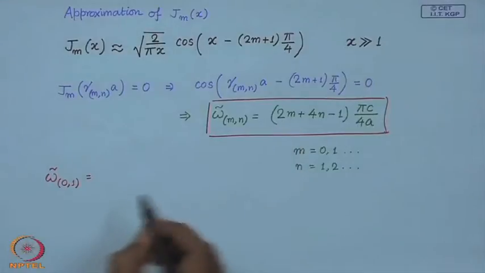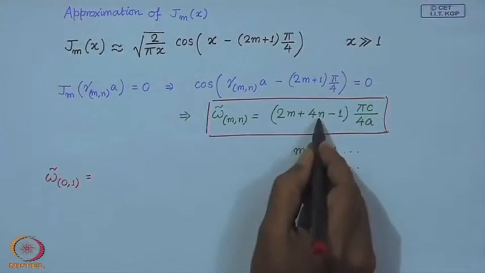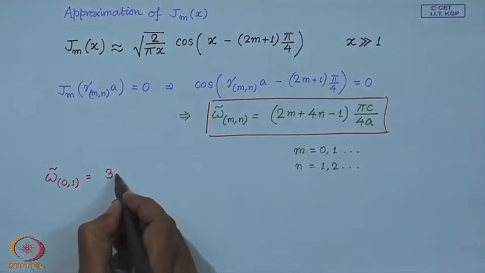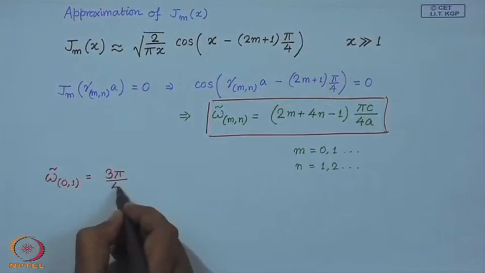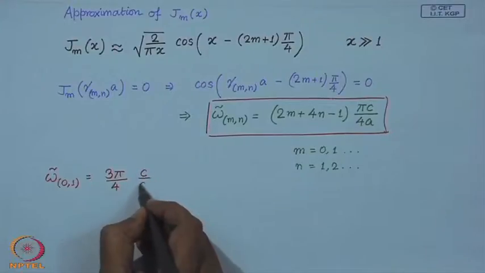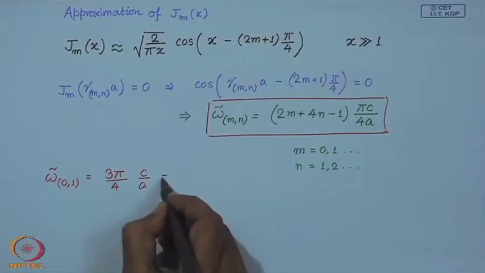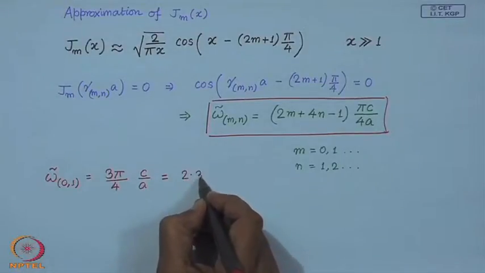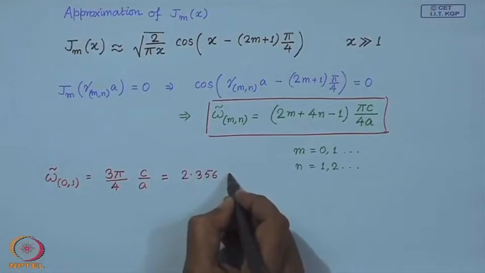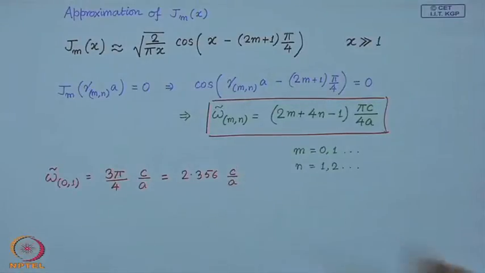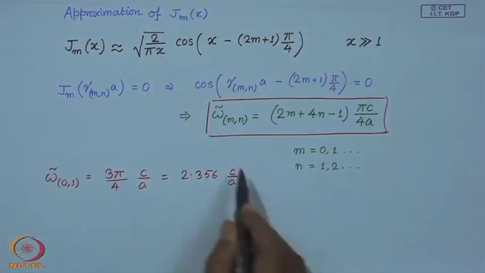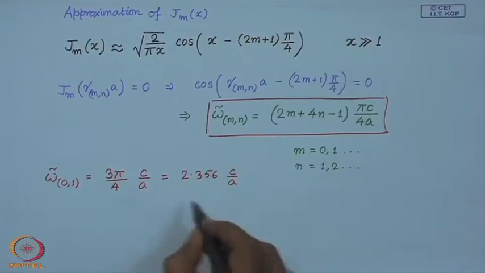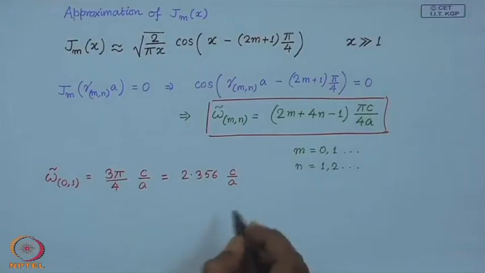So this is m is 0, n is 1, so this gives me 3 and this turns out to be, now the exact value. Exact means solution that we obtain by solving for the roots of the Bessel function.